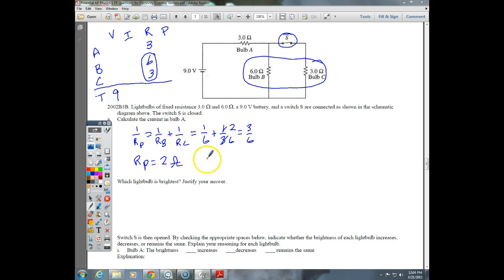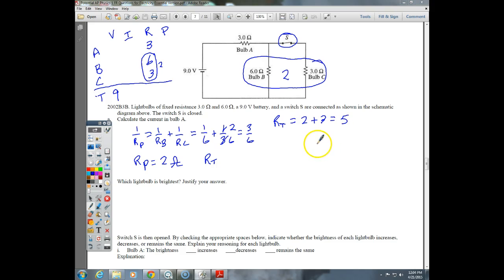Now that we know that these two together are 2 ohms, we can place this here. Now we have just a series circuit. So the total resistance is equal to 2 plus 3, which is equal to 5 ohms.